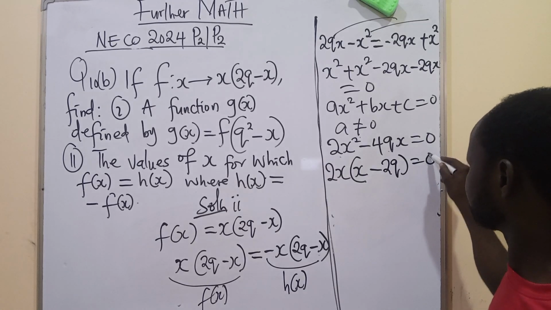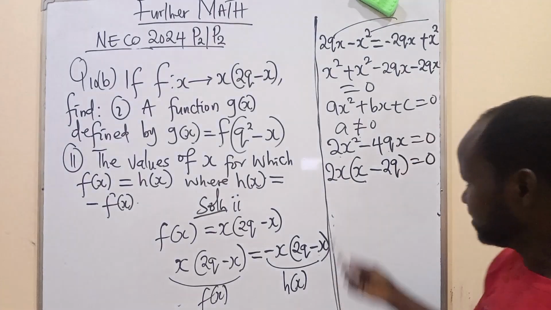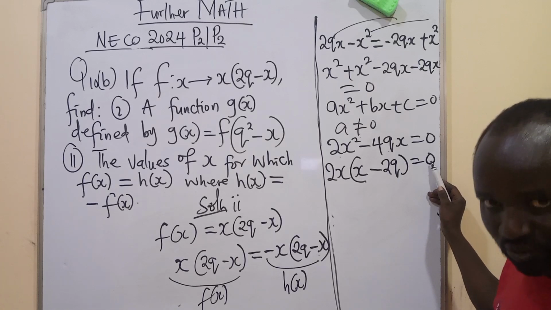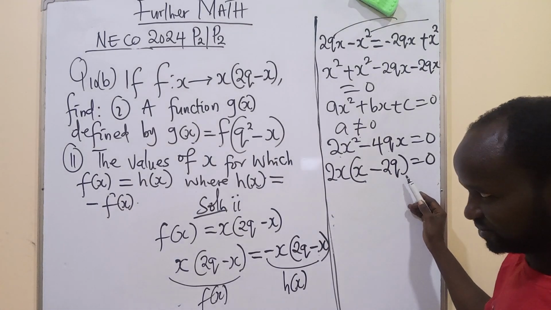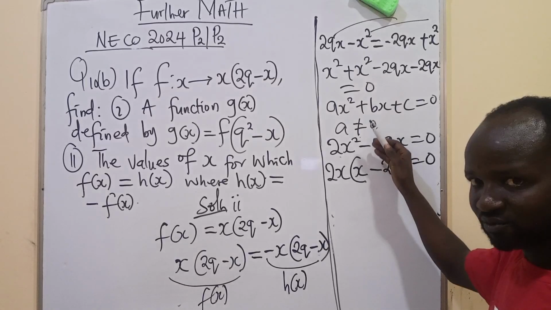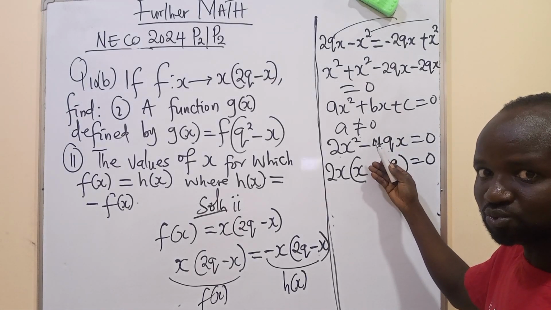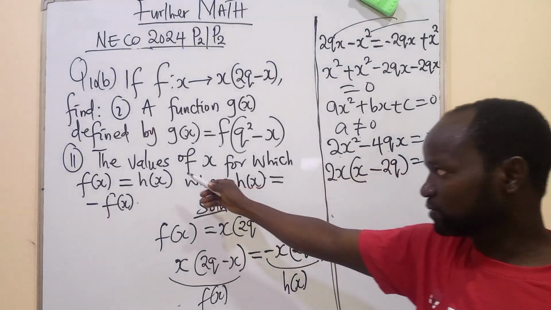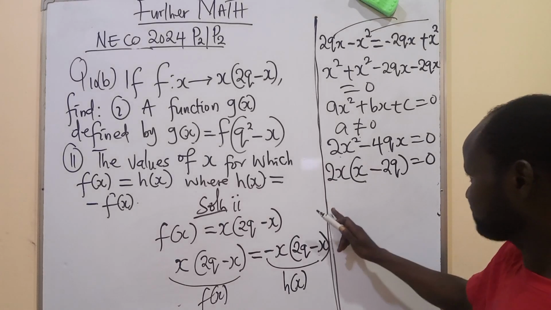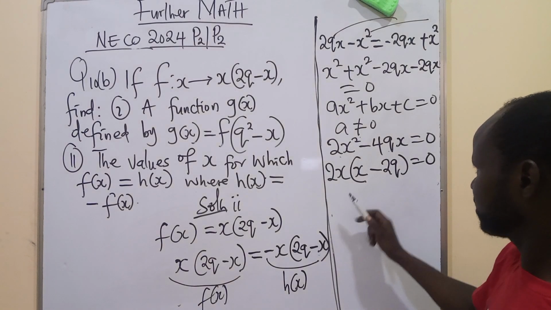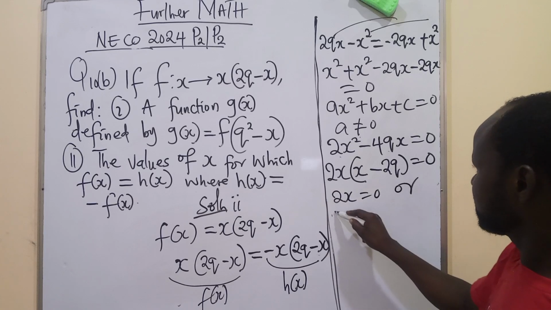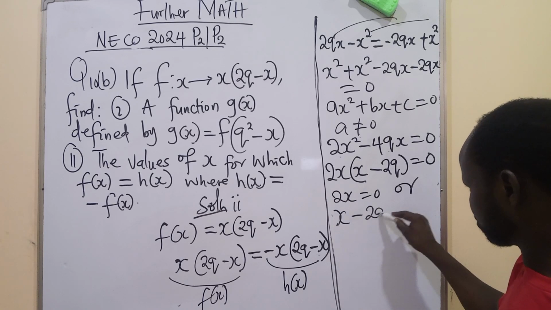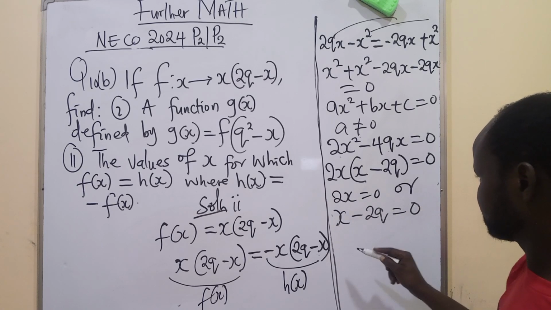This will be equal to 0. Equal to 0 means either 2x is equal to 0 or x minus 2q is equal to 0. As far as this is a quadratic equation, it must have two roots, so we have to have two values of x here. So 2x is equal to 0 or x minus 2q is equal to 0.